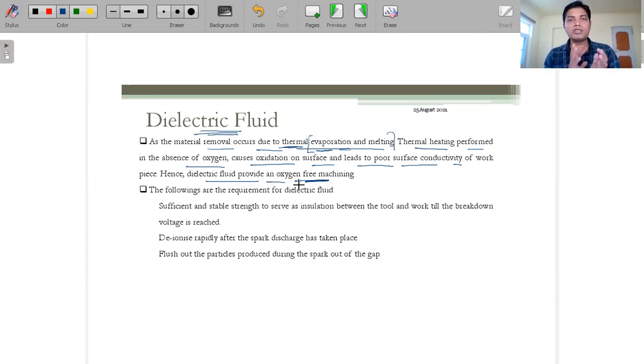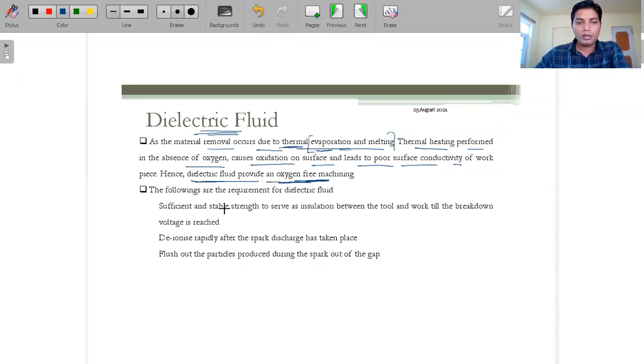Our main focus is not to use this spark in the air or atmosphere, because it will react with the oxygen available in the air. If it reacts, it will form oxides on the workpiece surface. Because of that the surface finish is poor, and oxide formation can also occur inside. So there is a possibility. That's why we are using the dielectric fluid, which provides oxygen-free machining.